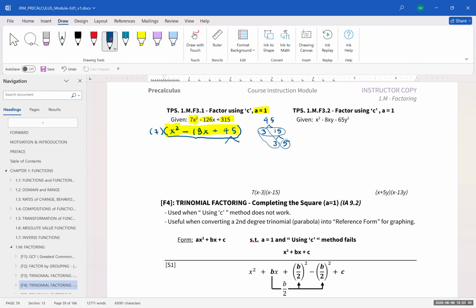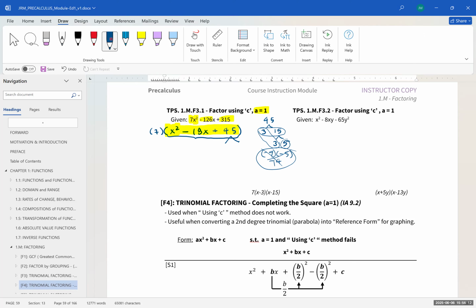Well, if we do 9 times 5, we could have a negative 9 times a negative 5. That would give us positive 45. That's only going to give us negative 14 when we add them together. Okay, so that's not going to work.